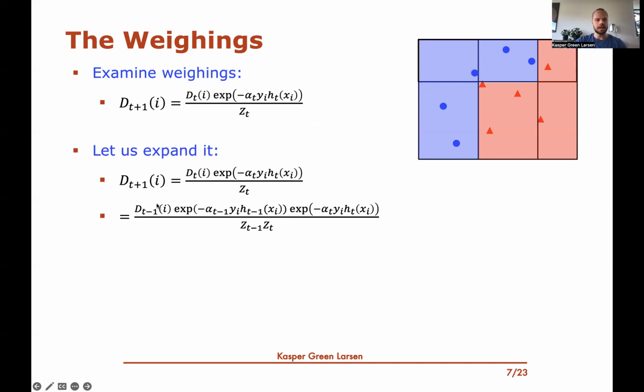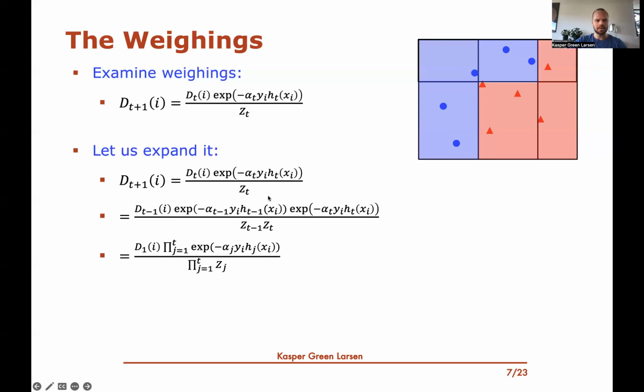So D sub t we can now write as D sub t minus 1 times this exponential expression again, but for iteration t minus 1, and also the normalization term for iteration t minus 1. So I just use the same definition on D sub t. Now I can of course keep doing this, recursing again on D sub t minus 1, all the way down until it says D sub 1, the very first one of them.